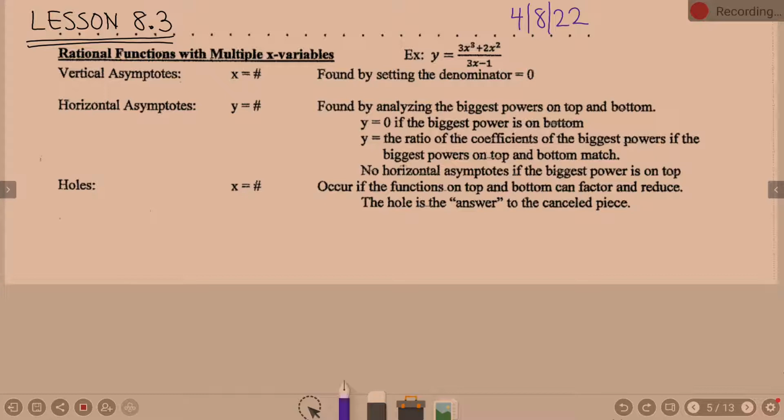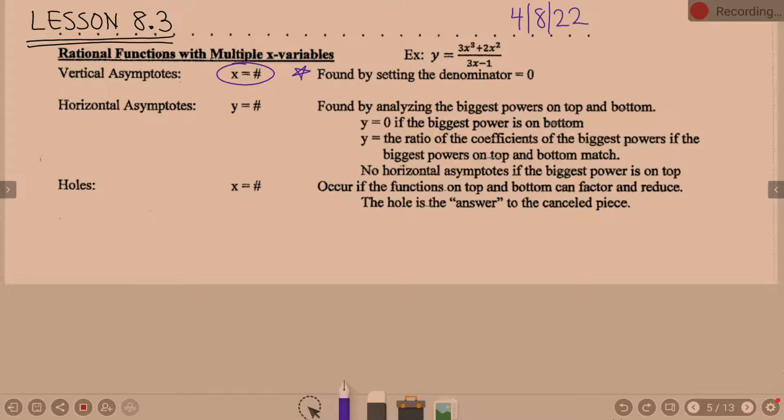Okay? So first thing we're going to talk about is a vertical asymptote. We talked about vertical asymptotes yesterday, right? Vertical asymptotes are always x equals a number. Because it's a vertical asymptote, it crosses the x-axis at some point, and so it is x equals a number. How do we find the vertical asymptote? Well, right there is the information.